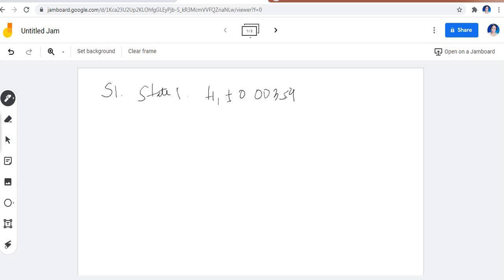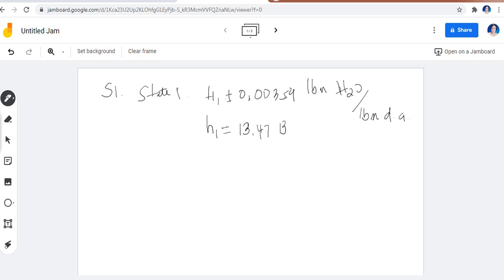So this is your point, 0.00359 with unit pound mass H2O per pound mass dry air. Okay, that's for our humidity. For the enthalpy, we have 13.47.